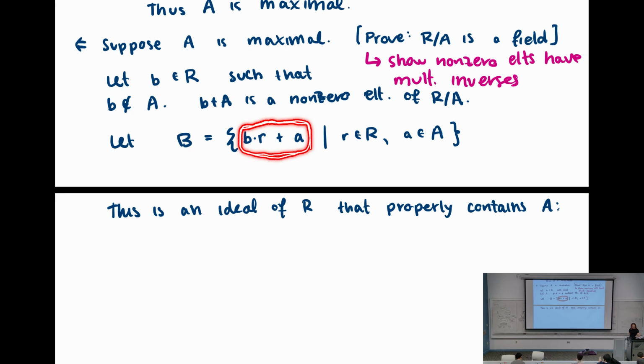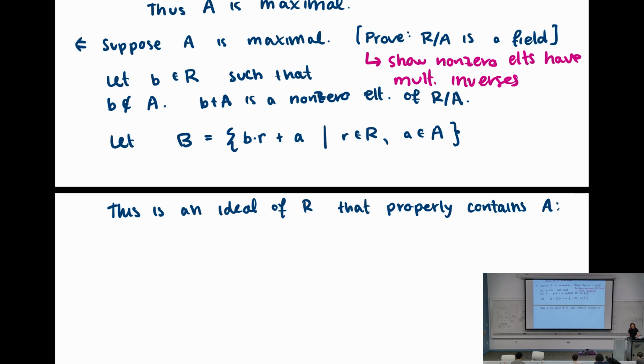Why is it a subring? Well, if I add or multiply elements of this form, then they'll remain of this form, right? Why does it contain A? Well, I could take this r to be 0, and then all elements little a in A are in this ideal.